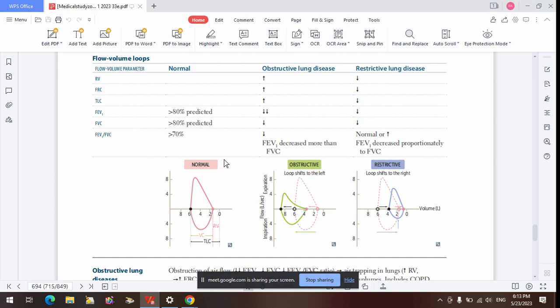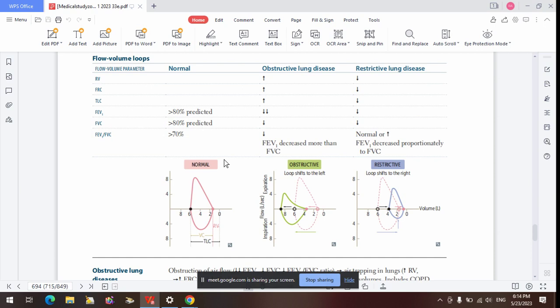You should pay attention to that. Don't say that because the FEV1 over FVC ratio is more than normal, this person is normal. It can be a restrictive lung disease pattern. And of course, it's also normal in people with restrictive lung disease, because the decrease in the FEV1 and the decrease in the FVC is normally equal. So if you have an equal decrease, the ratio will be normal.